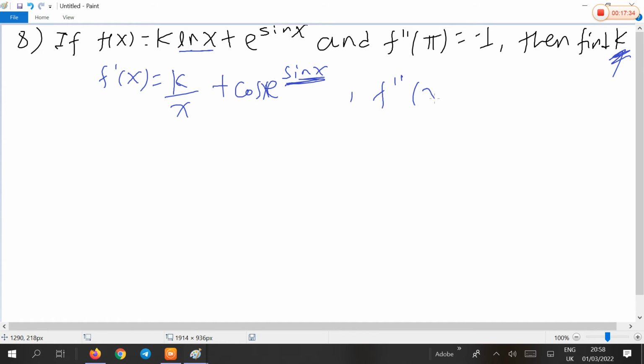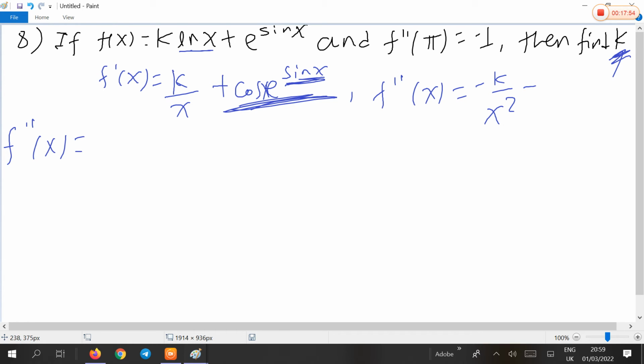So the second derivative at x will be, here we have k over x, whose derivative is minus k over x square, plus the derivative of e to the power of sin x times cos x, where we have to use the product rule.